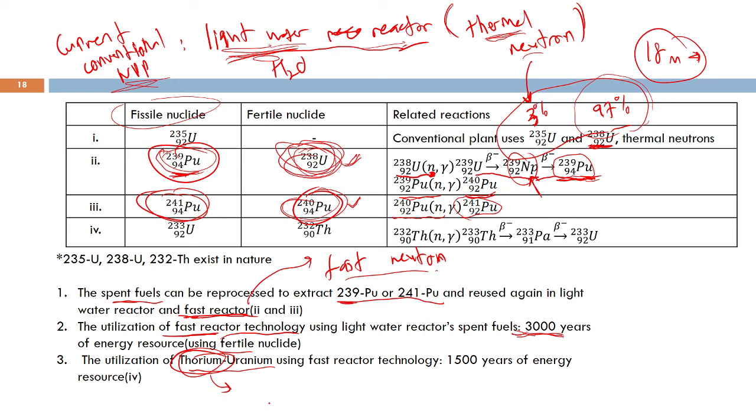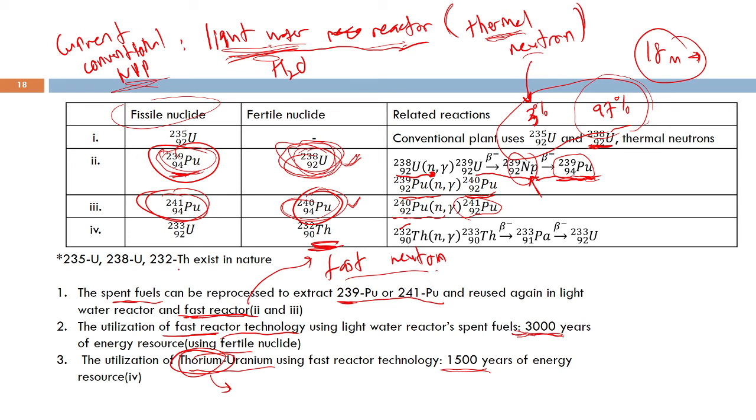But if this is realized, we can expect that thorium can support the energy production for another 1,500 years. So in the thorium reactor, you actually begin with thorium.